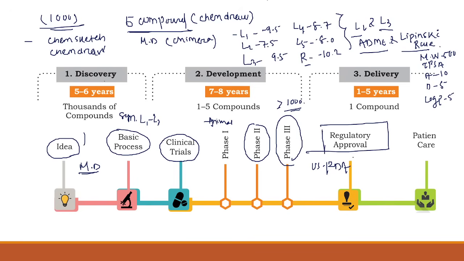After getting approval from the US FDA, the drug is marketed for patient care. After that, we go for phase 4 analysis, in which we evaluate the long-term side effects or adverse effects of the drug compounds.